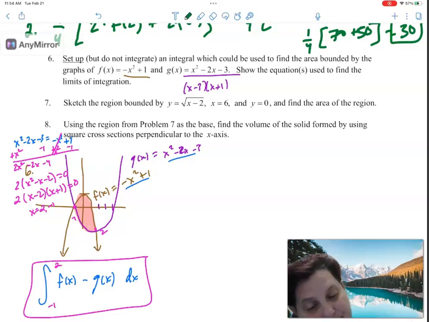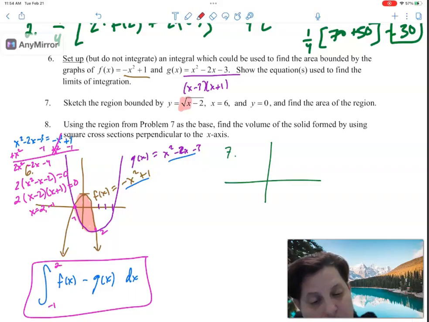For number 7, let's sketch my region. You guys all should know, hopefully, what square root of x looks like. Minus 2 on the inside moves it to the right 2. So that's square root of x minus 2. X equals 6 is a vertical line, and y equals 0, and it wants to find the area of that region.